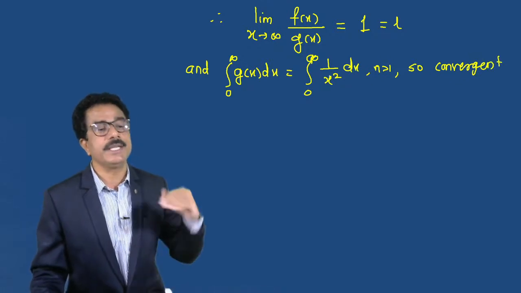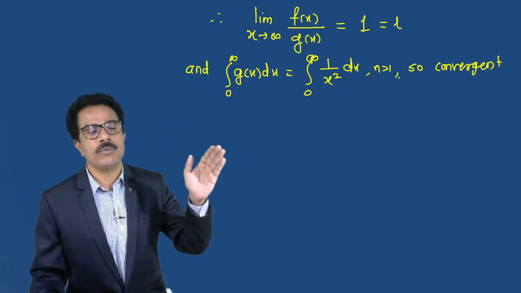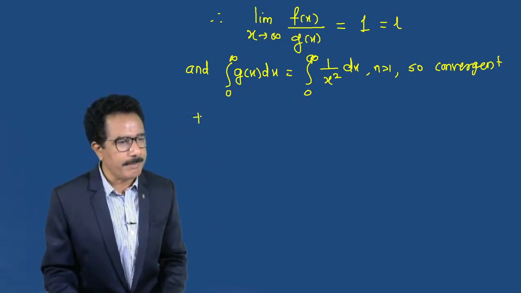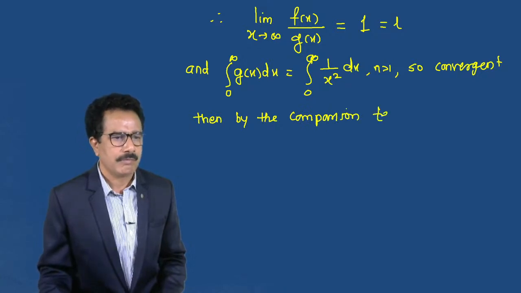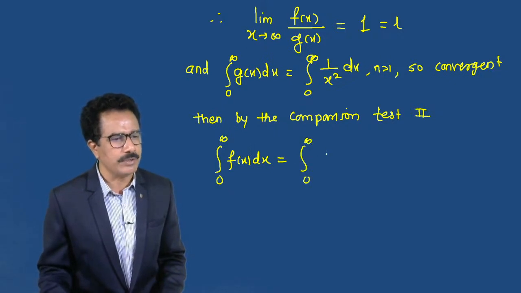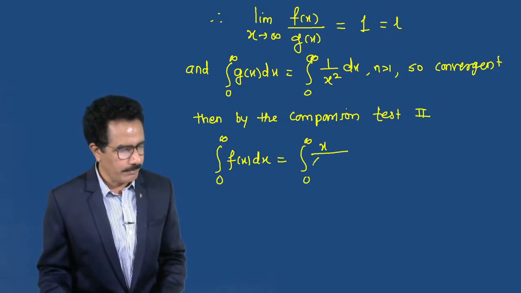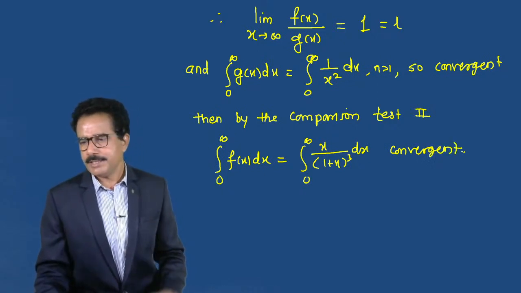So it is convergent: the integral of c upon x raised to n dx is convergent if n is greater than 1. Then by the comparison test second, the integral from 0 to infinity of f of x dx, which is the integral from 0 to infinity of x divided by (1 plus x) cube dx, converges.